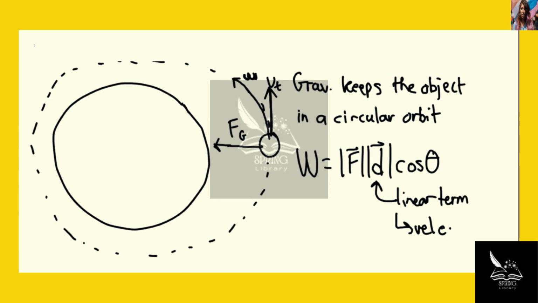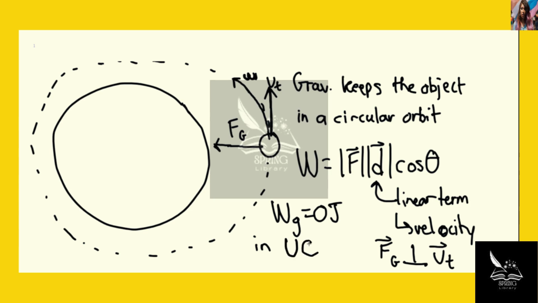And so when you're calculating work, because the force of gravity is perpendicular to the direction of motion, or the tangential velocity, the work done by gravity is equal to 0 joules in uniform circular motion. So that would be our answer.